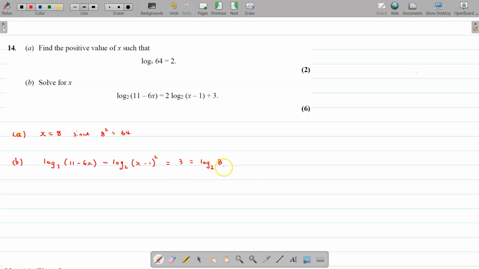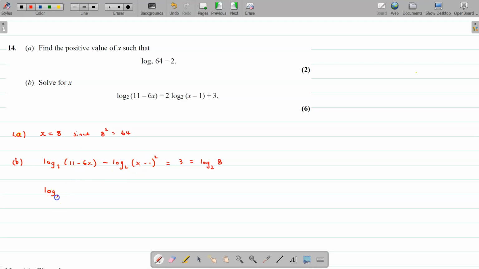Now, that's going to be useful, as you'll see why in a moment, because I want to remove the logs entirely. So from that left-hand side, I can combine these two log terms into a single log and a division, because the division rule applies when you subtract the logs from each other.